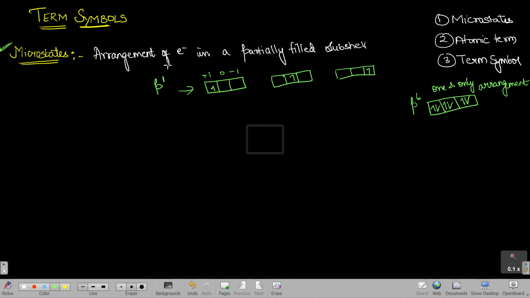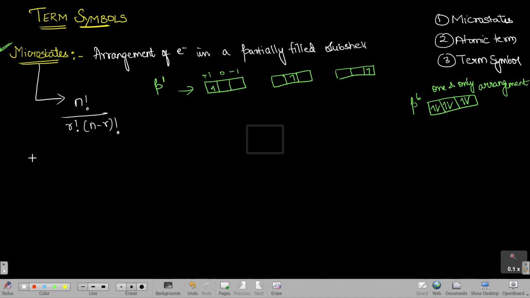Now, how do we find out the number of arrangements of any partially filled orbital? For that we have a formula. The formula is n factorial divided by r factorial into n minus r factorial. For example, for p1 I have drawn 3 different arrangements. If you have to find out the number of possible arrangements, you can use this formula.